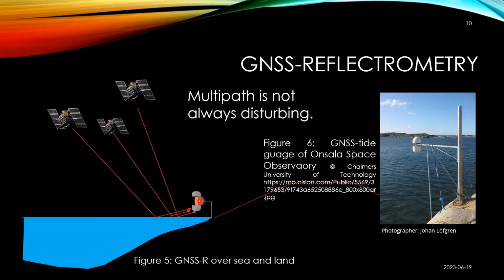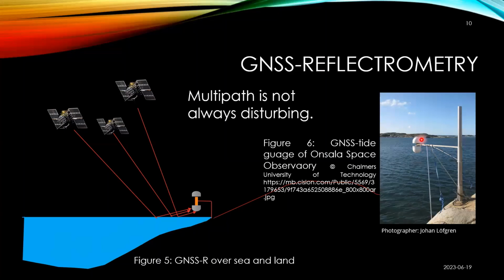You see that these are the double antennas. One is upward, one is downward. The downward one is for getting the reflection. Actually, here I have done it for the ocean as a tide. This is used as a tide gauge. For example, on the right-hand side, you will see the real case of a GNSS tide gauge, which is at the Onsala Space Observatory of Chalmers University in Sweden.